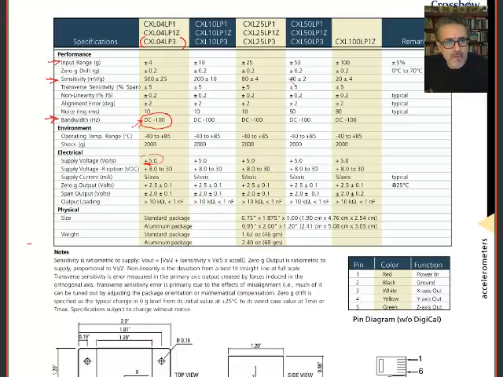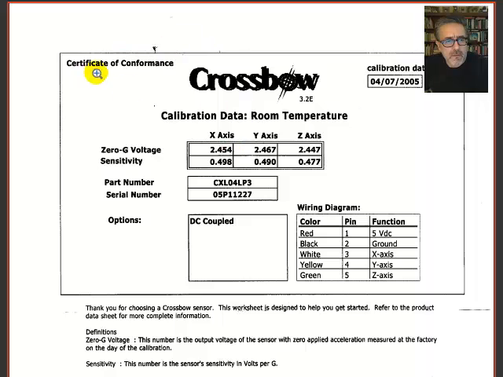Well, here's a specific calibration sheet for one of the accelerometers that we have in the lab. There's a serial number. See here your X, Y, Z axes. Remember I mentioned the 0G voltage when there's no acceleration. What they measured when they calibrated this specific one back in 2005, this was the specific output where there was no acceleration.